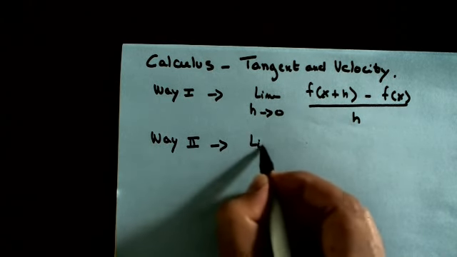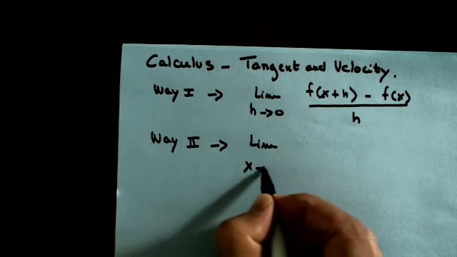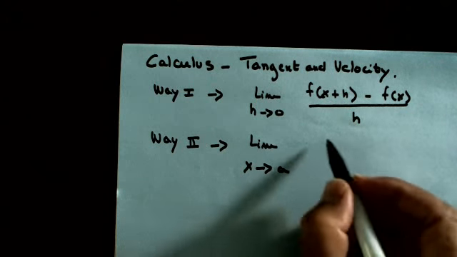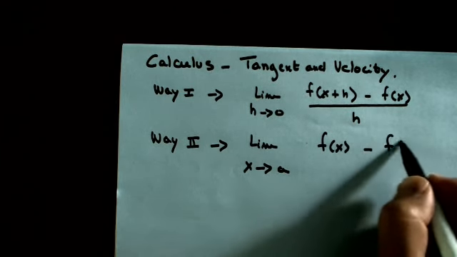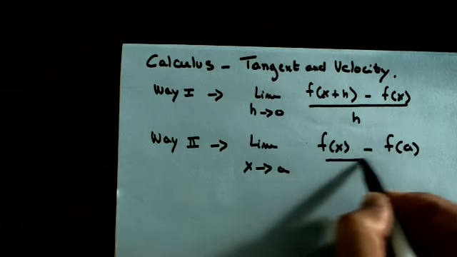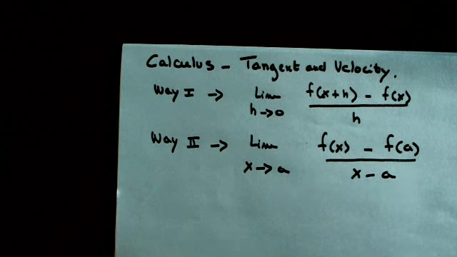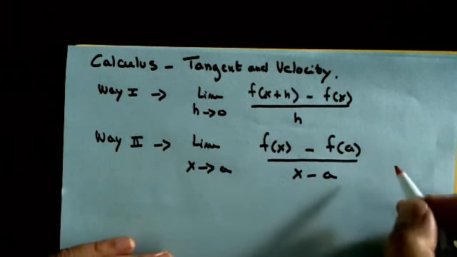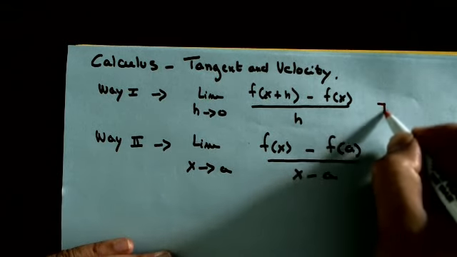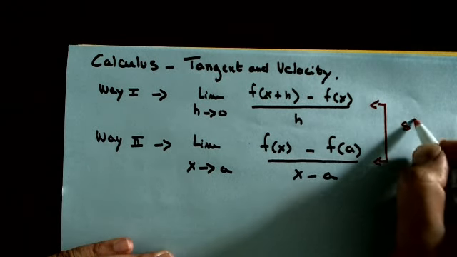And it's the limit, but this time you need to have a point. So the limit as x approaches a of f of x minus f of a over x minus a. Now remember there are two things here. Both of them find the slope.